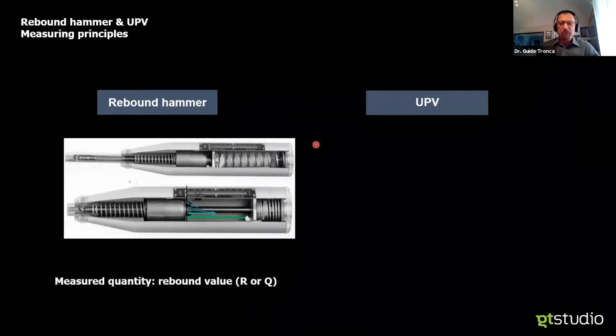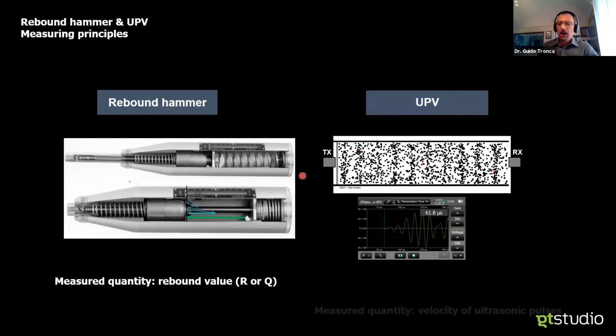Rebound hammer. Basically, the measured quantity is a distance or a velocity of a mass that is projected on the surface. The tougher the concrete, the higher the energy that is reflected.